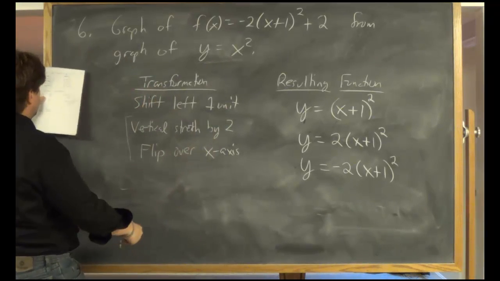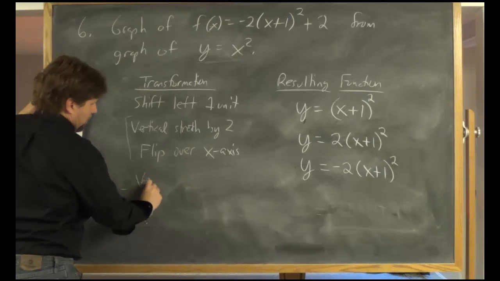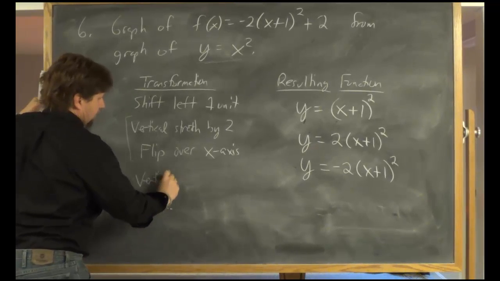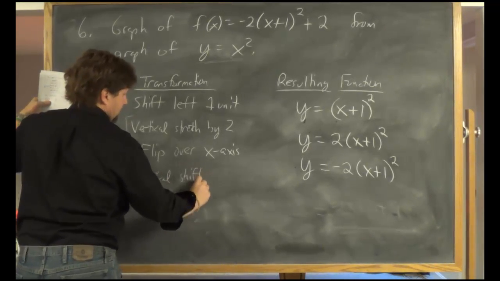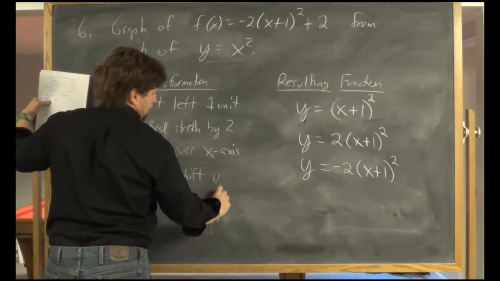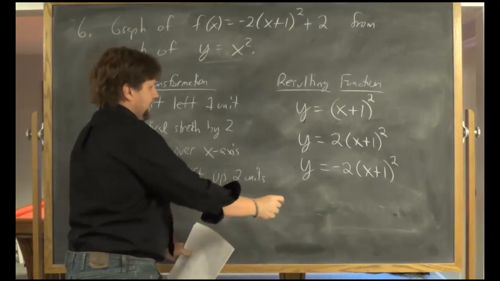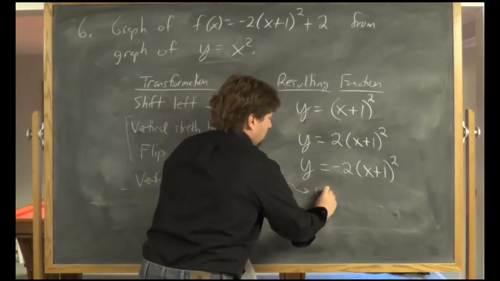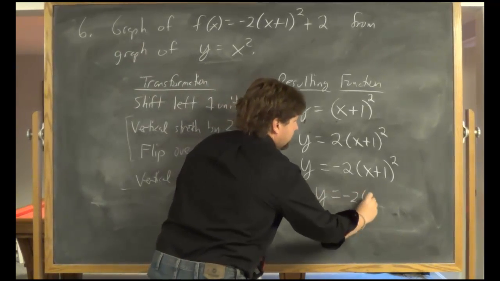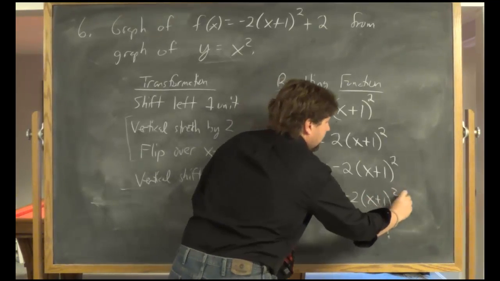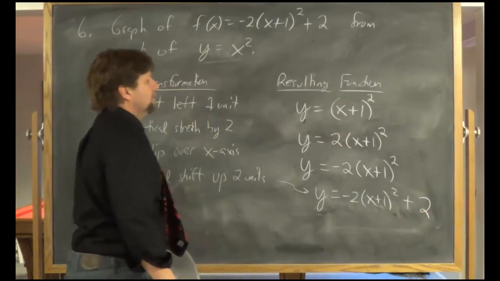So I'll write that down here as a vertical shift, up 2 units. And that gives us y equals negative 2 (x plus 1) squared plus 2.